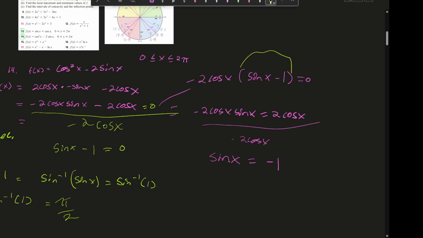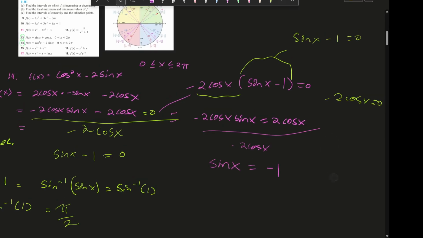So then you take each term in here because they're multiplied, and you're like, okay, when does sine x minus 1 equal 0, and when does -2 cosine x equal 0? So that's how you're gonna have to do it in order to get all critical points.